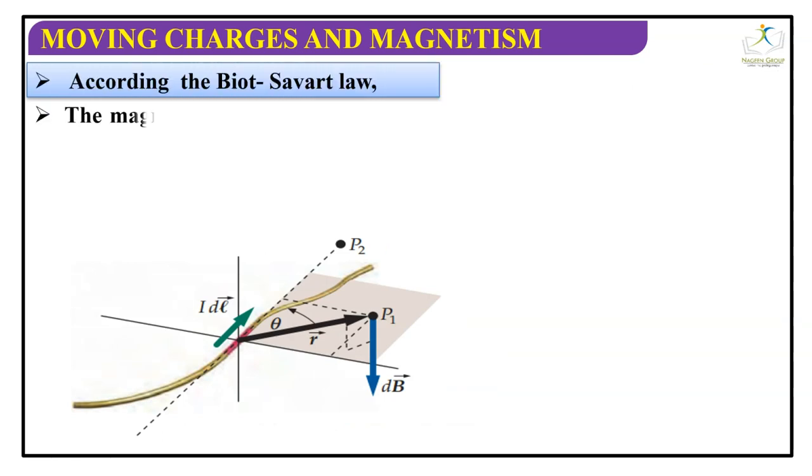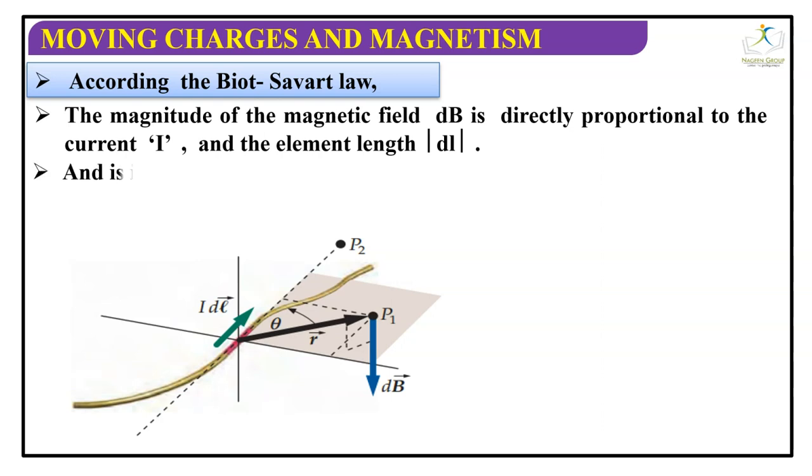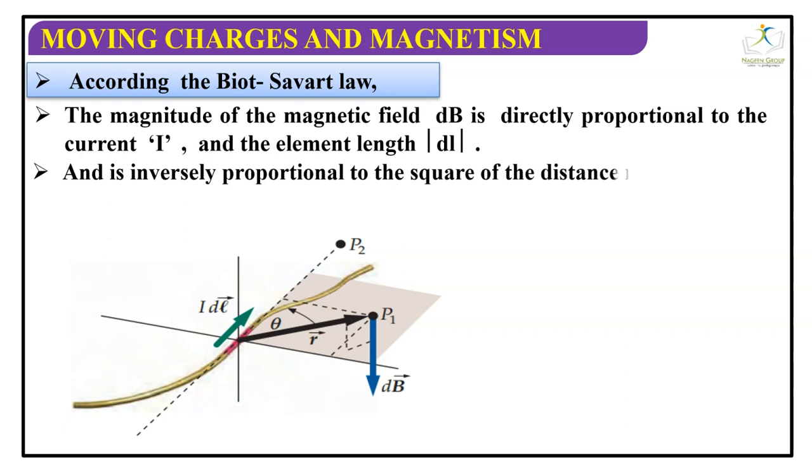According to the Biot law, the magnitude of the magnetic field dB is directly proportional to the current I and the element length, that is the mod of dl. Here we have not taken the direction, just the conductor's element, and it is inversely proportional to the square of the distance between them.